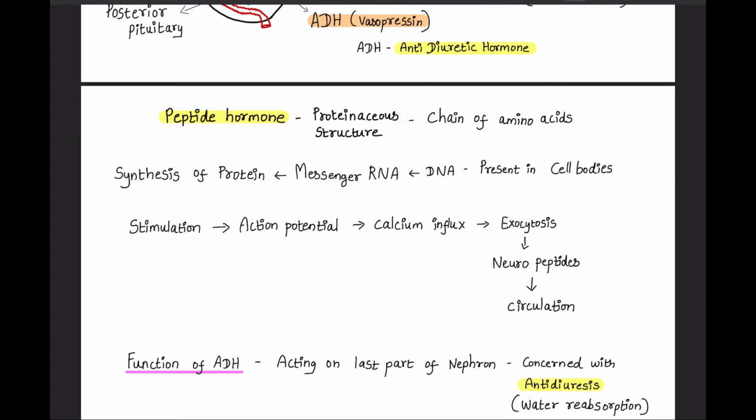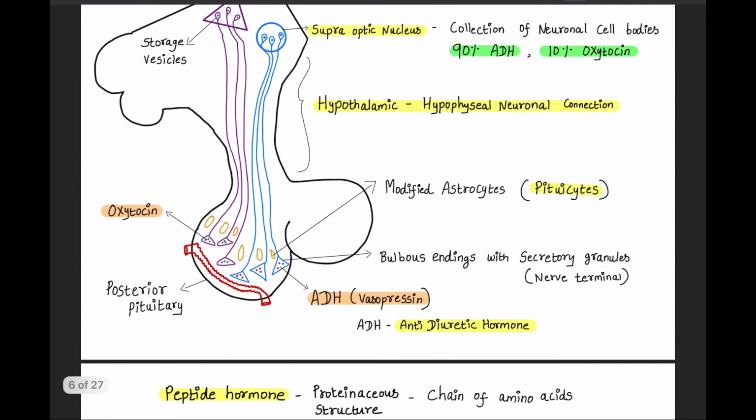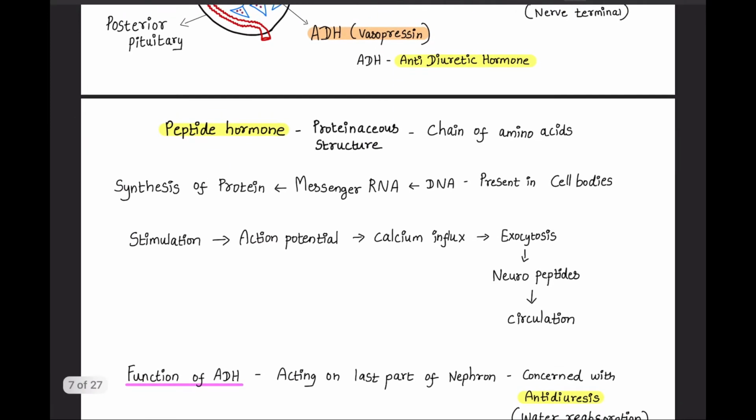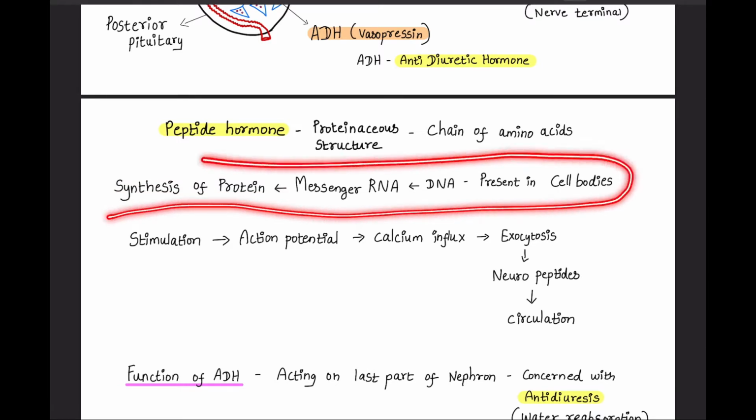So how is a protein synthesized? In the cell bodies you have DNA, and this DNA is transcribed into messenger RNA, and in this process you have the synthesis of protein. We will also see this in the coming lecture.